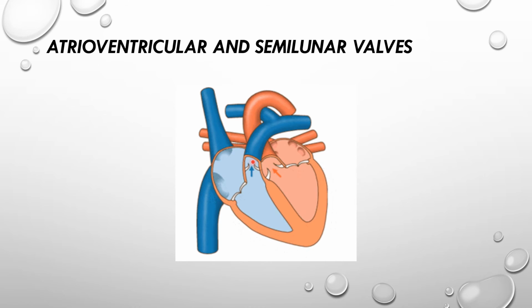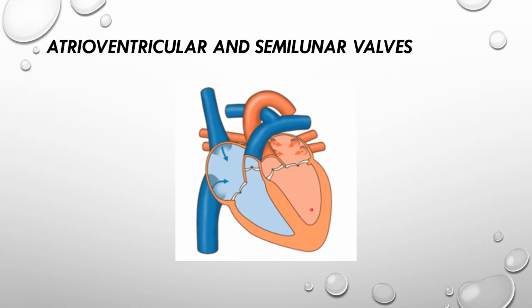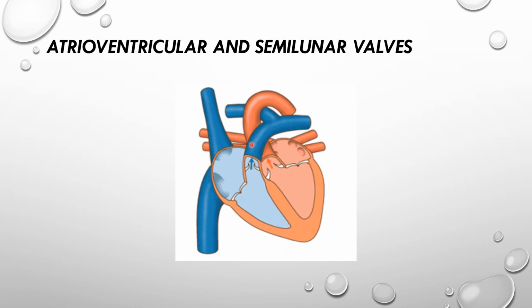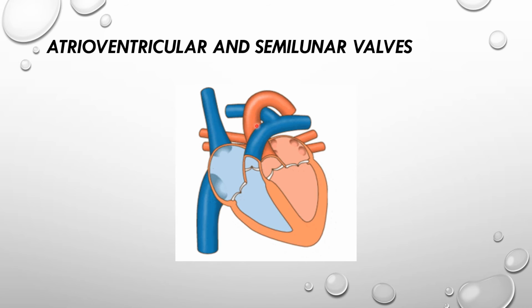If we talk about semilunar valves, when ventricles just start to contract, at this point the pressure in the major arteries is higher than the pressure in the ventricles. So this means that the semilunar valves at this point are closed because of the higher pressure in these arteries and the lower pressure in the ventricles.